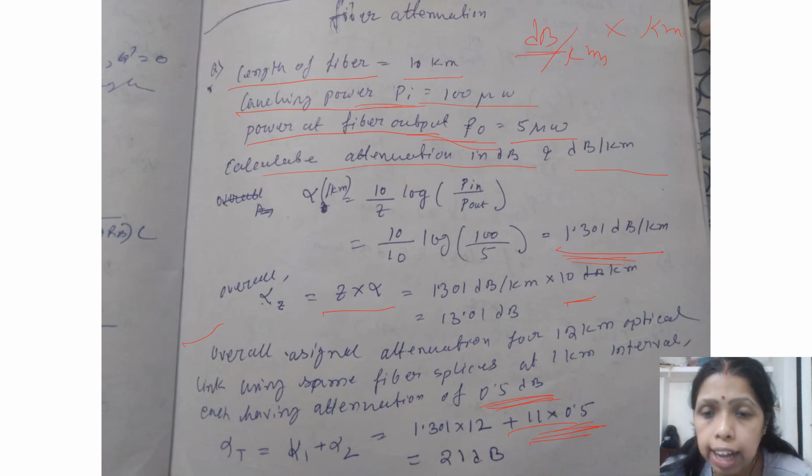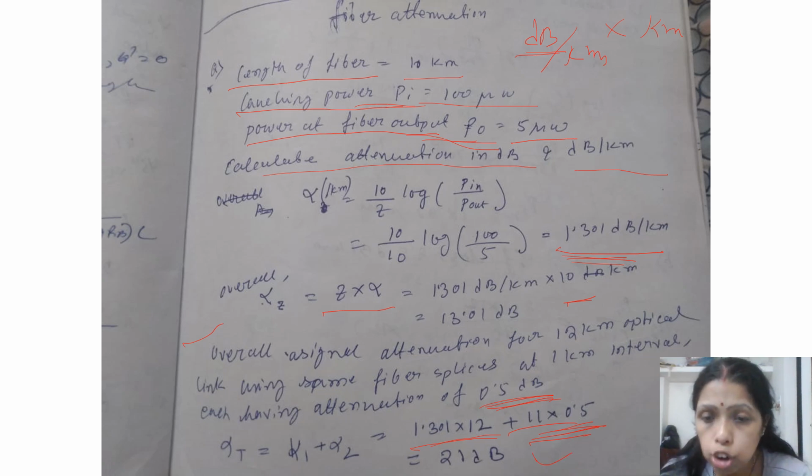As you know, the attenuation is 1.3 dB per kilometer. Then you have to convert this into total attenuation by multiplying by 12 kilometer. So 1.301 into 12 plus 11 into 0.5. This is the total attenuation.